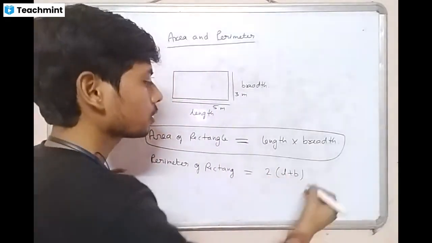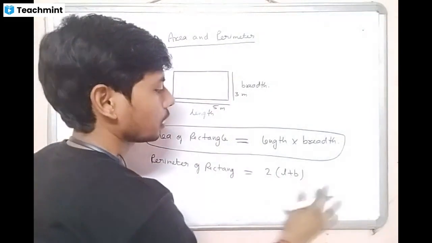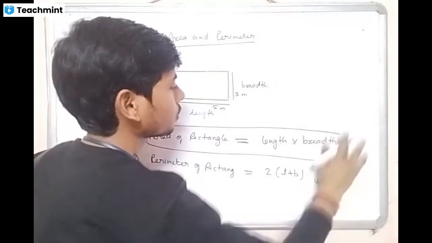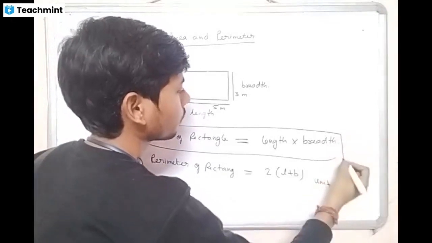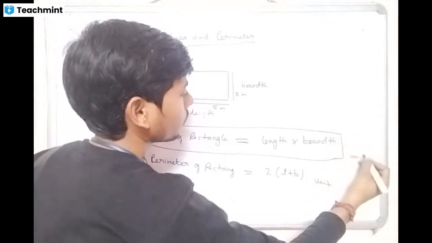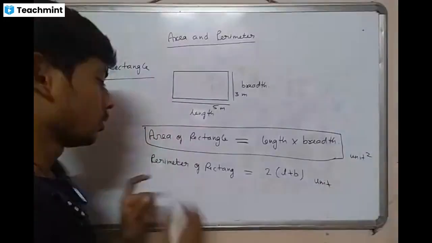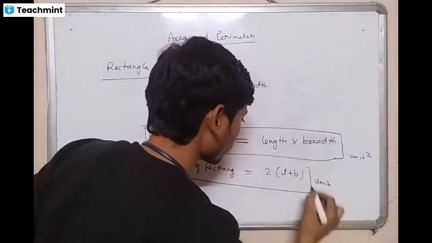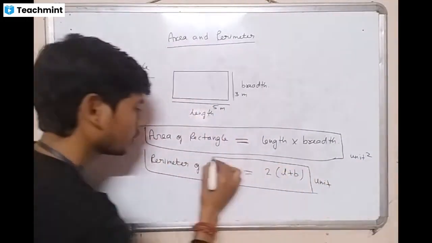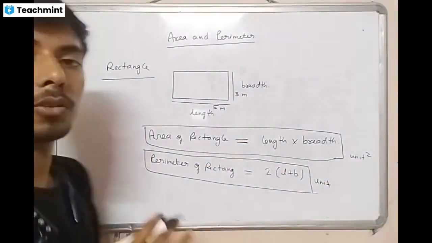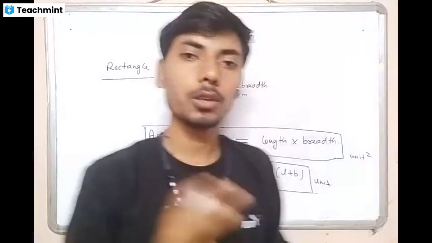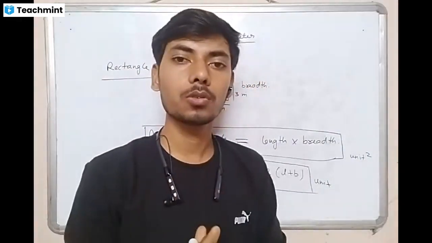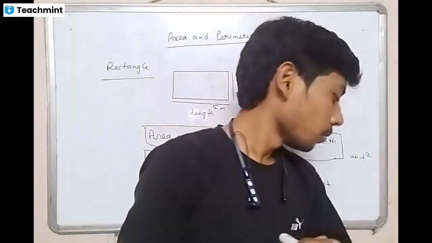And the unit is simply unit, while the area unit is square. You can note down this formula and learn it. It is very useful if you are an aspirant of Sainik School, Navodaya School, and military school.